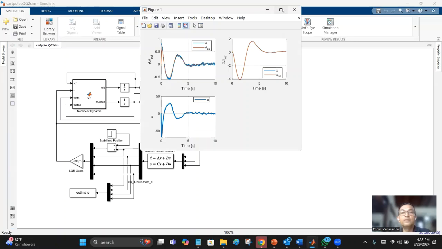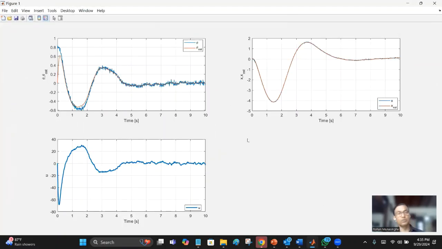There you are. Right now you have good control. For 45 degrees, you can see the Kalman filter predicts the actual pole angle reasonably well, and the same thing is happening with the cart position, and therefore we can stabilize the plant.